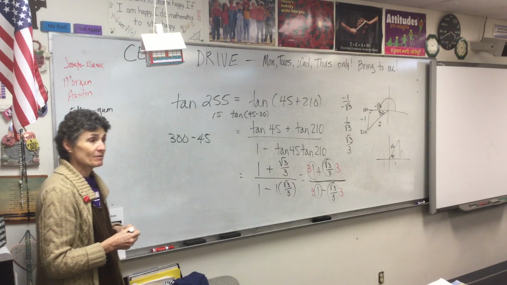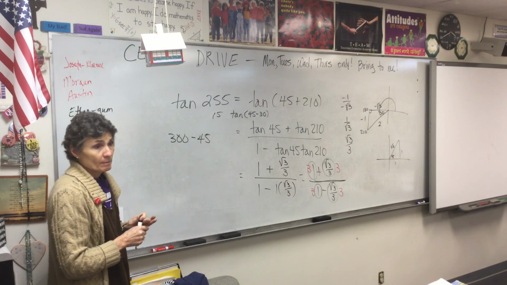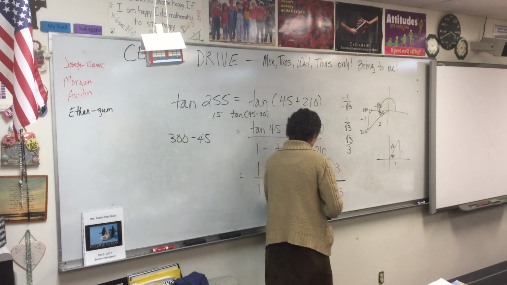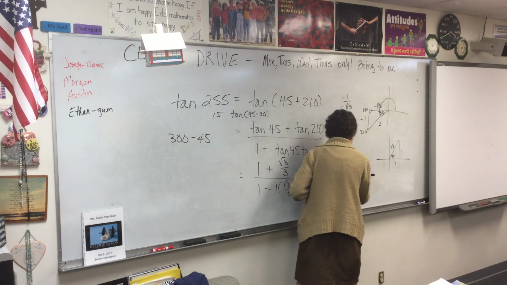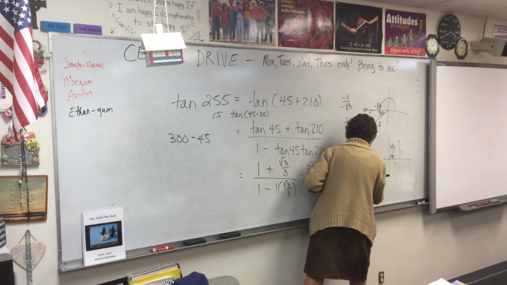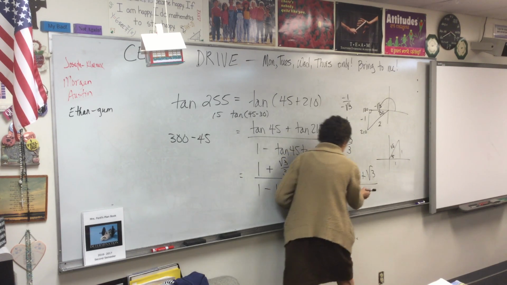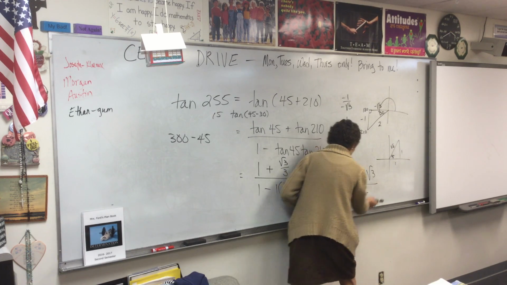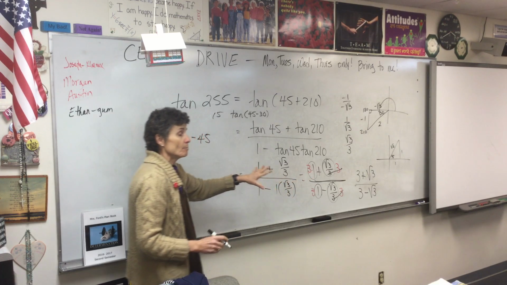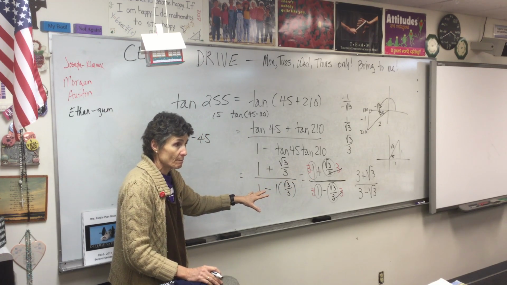I'm still going to have the big fraction, but now all the little ones are going to be gone. Remember, you're multiplying, so you're going to have 3 plus root 3 over 3 minus root 3. Now, it's still not done, but it looks a whole lot better than it did a minute ago.